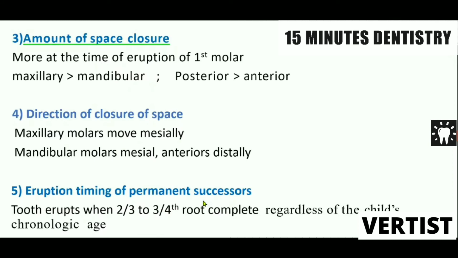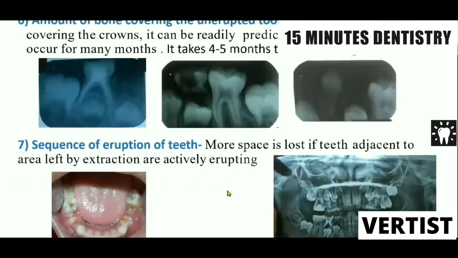Always remember that the tooth erupts only and only when the root completion is there, regardless of the child's chronological age. So the child might be completing 10 years or 11 years or 12 years of chronological age, but if the roots do not show the complete formation, then the tooth will take time for eruption, and meanwhile a space maintenance placement is a must.